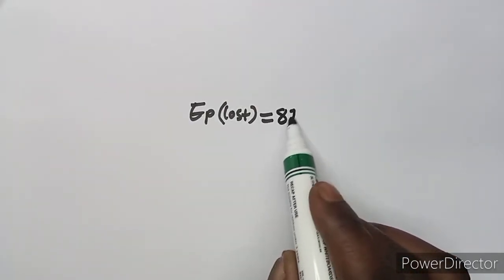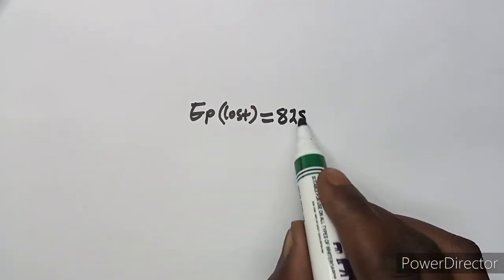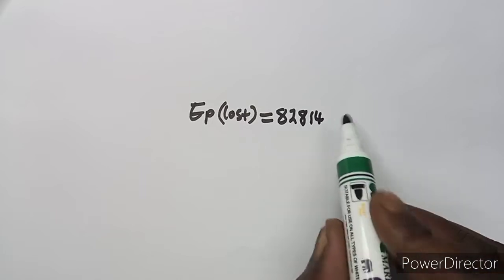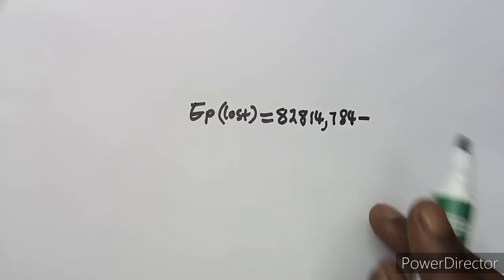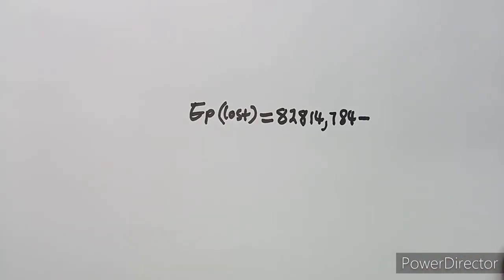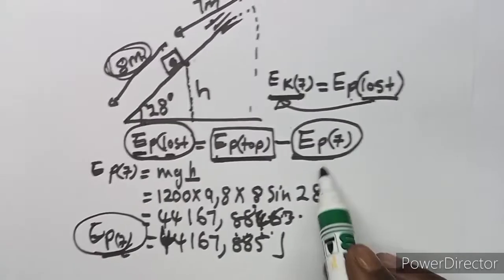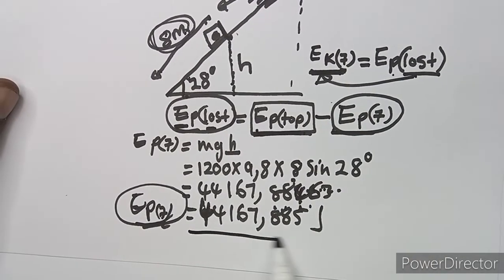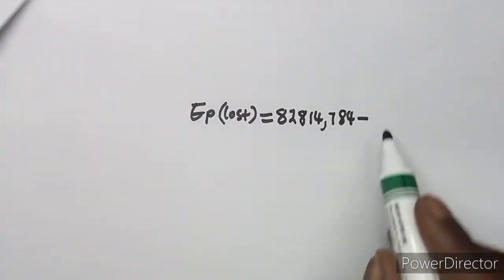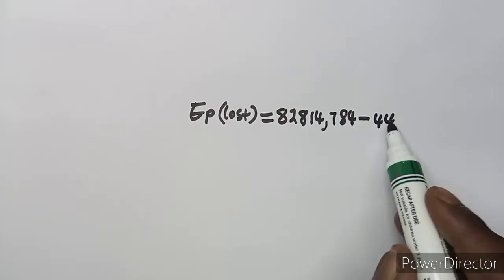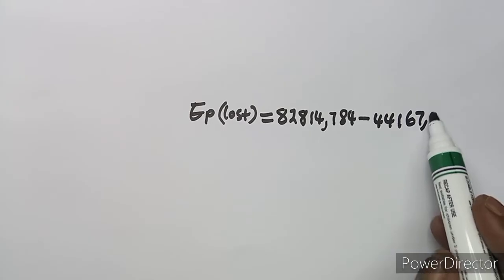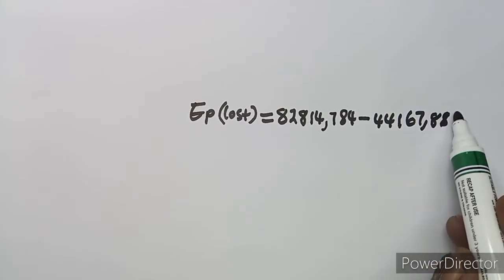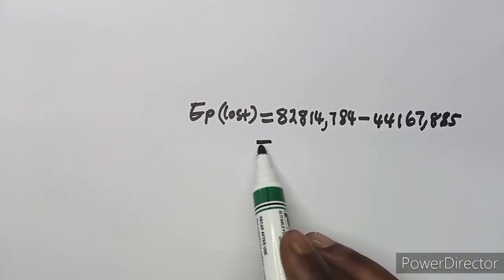So it's 82814,784, something like this, minus, remember I'm supposed to subtract this one at 7 meters, this value that you obtained. Okay, so you just substitute that value as it is, 44167,885.